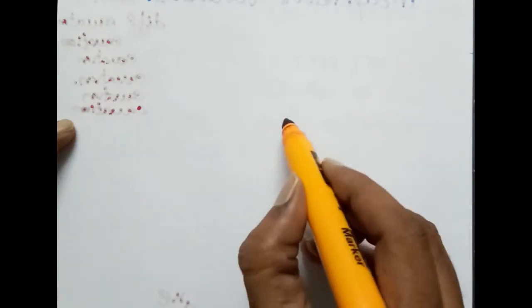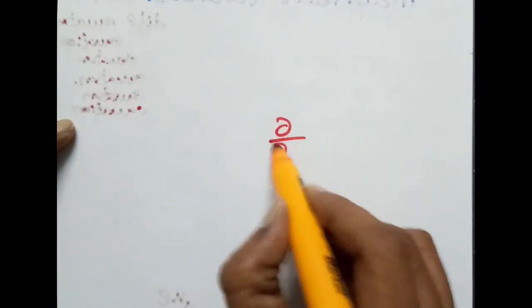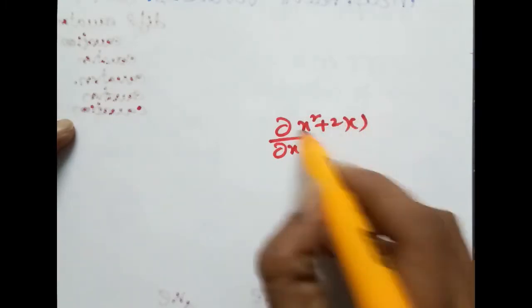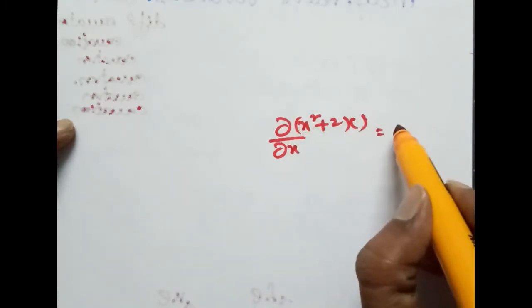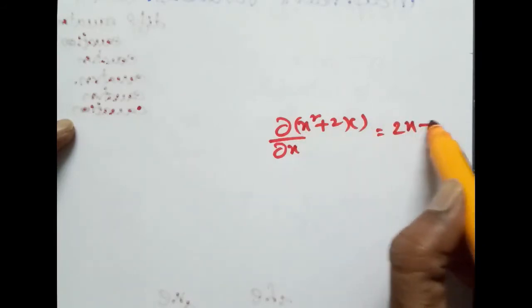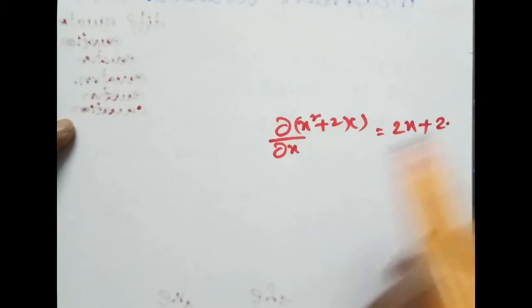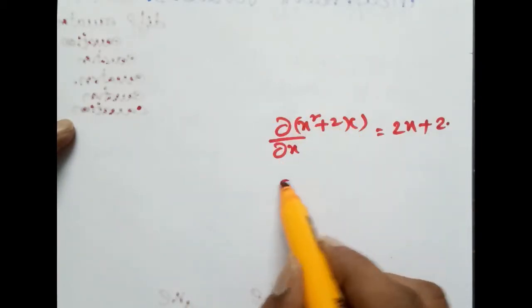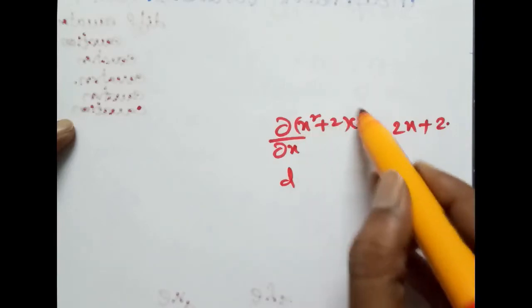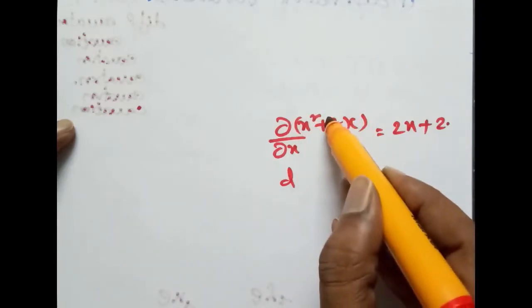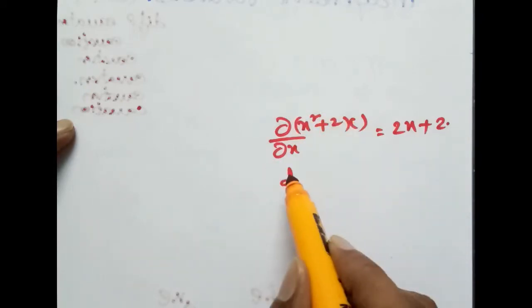See here, ∂/∂x of x² + 2x. This is equal to the partial derivative of x² with respect to x, 2x, plus the derivative of 2x, which is 2. Since this is only a function of x, we have only one independent variable.